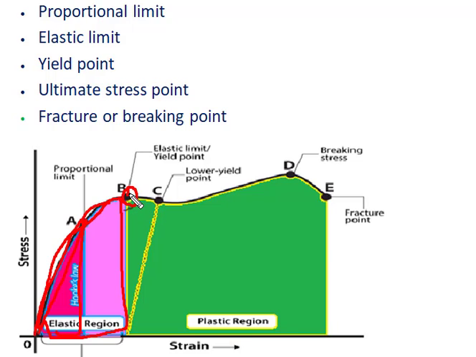Then B to C. The point C is the lower yield point. This extends till D. When it reaches D, it is known as the breaking stress, the ultimate stress point. So from D to E, it is known as the fracture or breaking point.